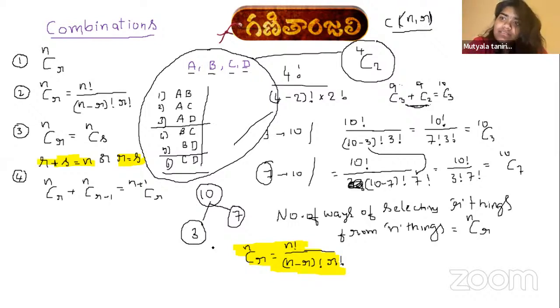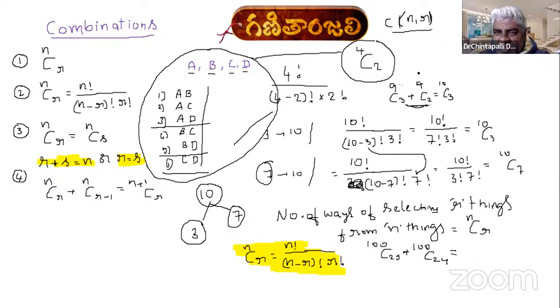Now tell me, what is 100C25 plus 100C24? Just 1 is added to the top index, so 100 becomes 101. So it is 101C25.